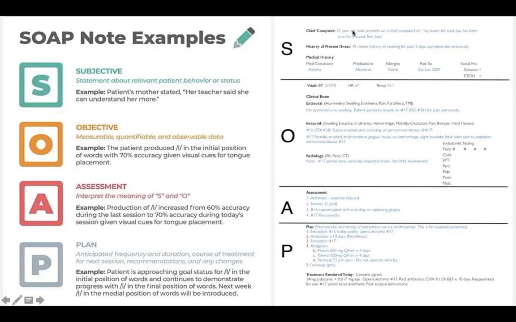Perfect. So this guy is also 23, he has wisdom teeth. Analgesics: Motrin, Tylenol, and Percocet, okay, for pain. And then follow-up, and then treatment rendered today, consent signed. And some anesthesia is used, local anesthesia, lidocaine 34 mg.